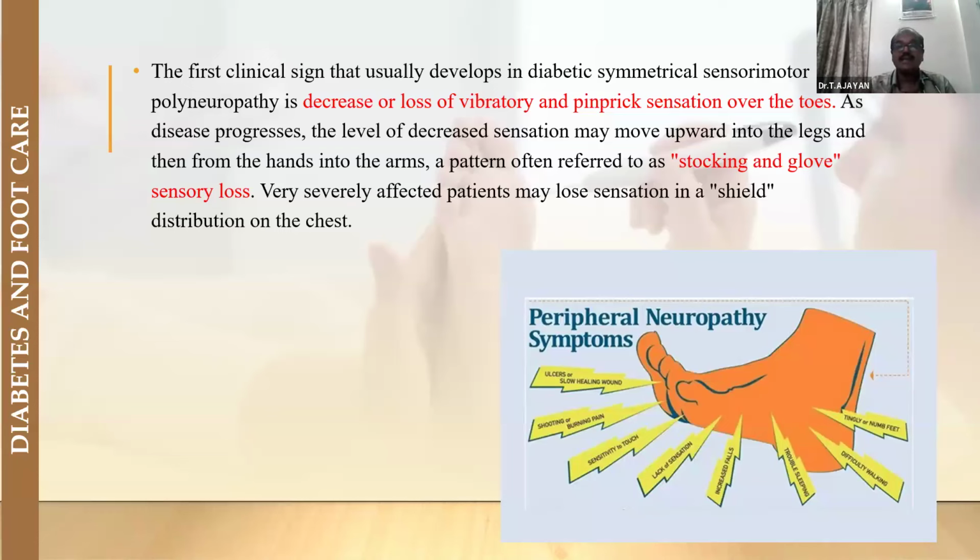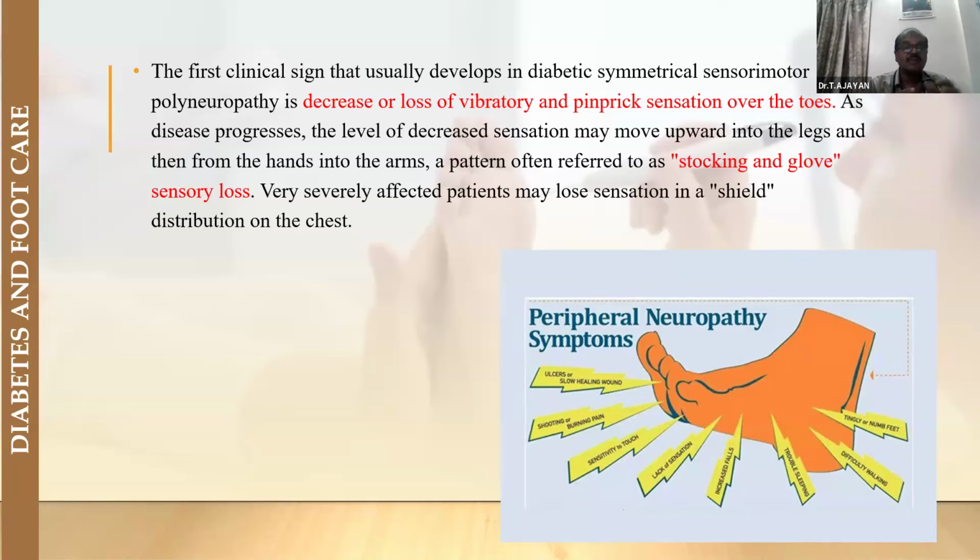We will discuss it later. As the disease progresses, the level of diminished sensation may move upward into the legs, and then from the hands to the arms. This pattern is referred to as the stocking-glove appearance.